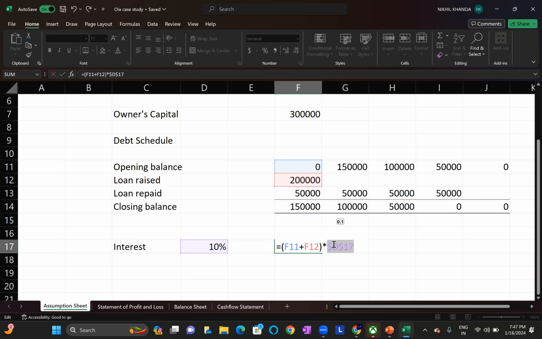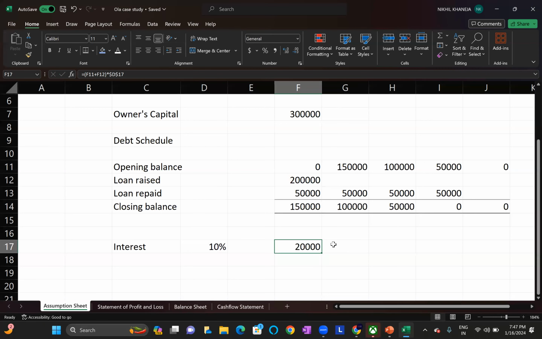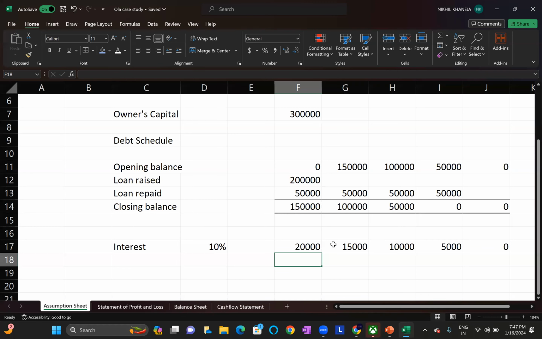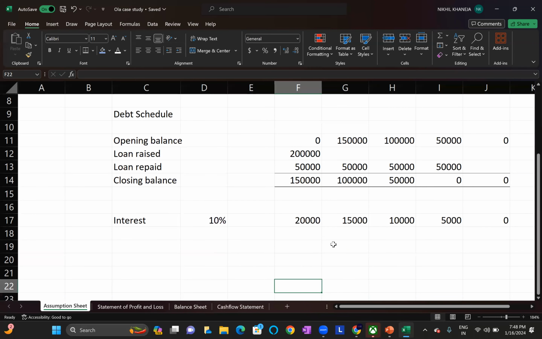I need to freeze 10% because without freezing, when I drag it for remaining years, the reference cell will also get dragged. So in order to freeze this 10%, we need to press F4. Control C. Here we go. Now we are done with the debt schedule as well as interest.